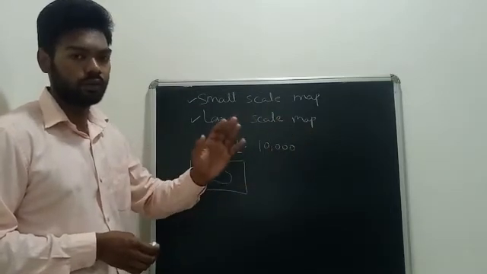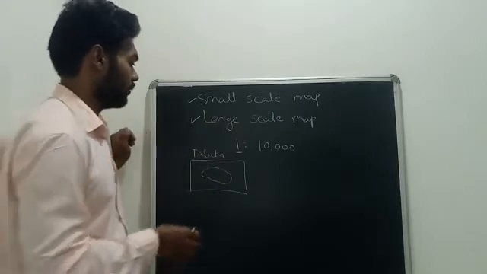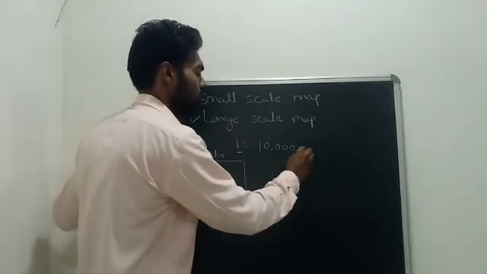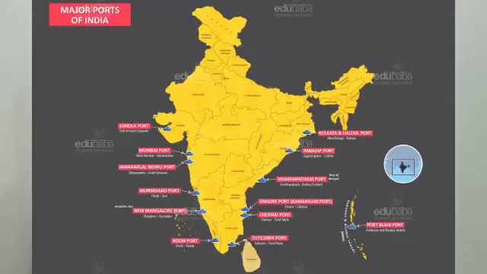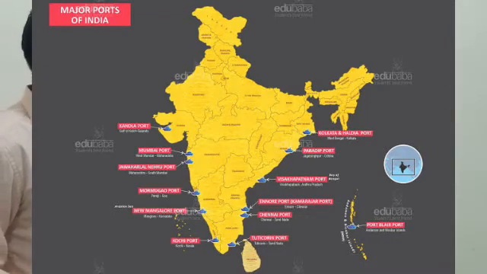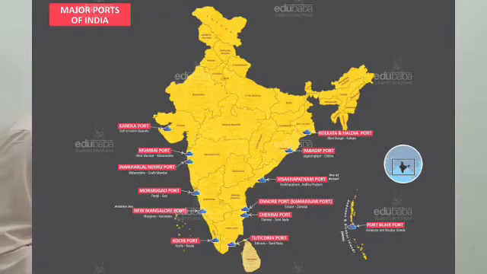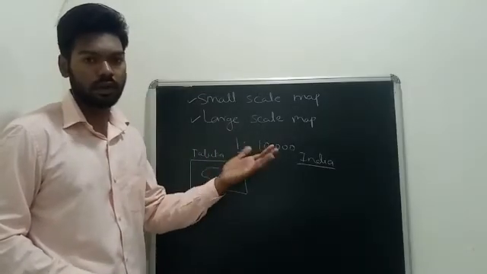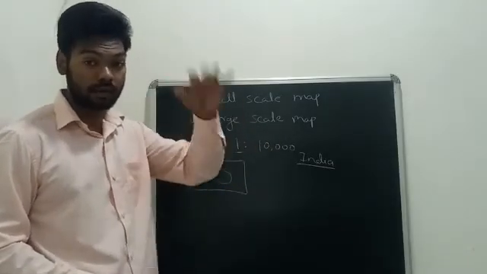That much we can use. But if I want to show the map of India, how much scale would I take? I will not just take 1 is equal to 1000 or one unit is equal to 10,000. I will require more than that.